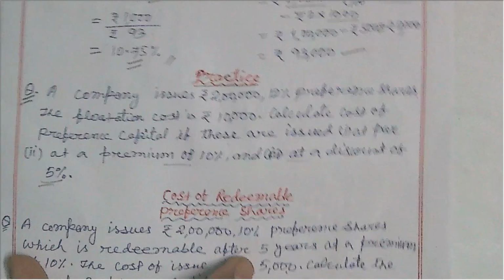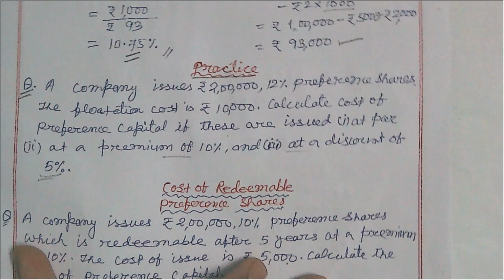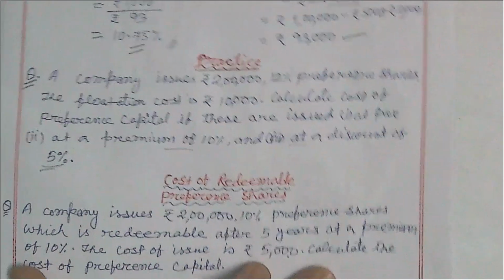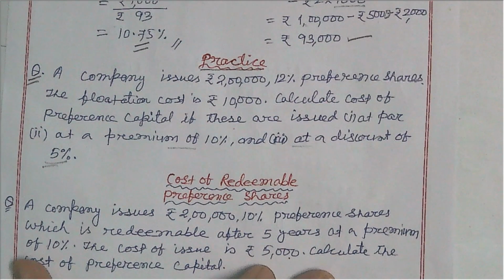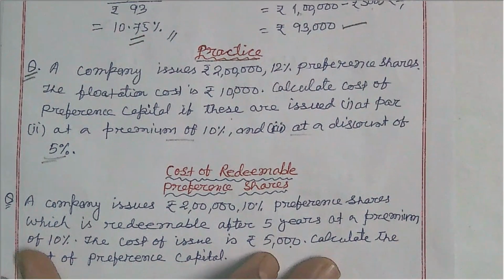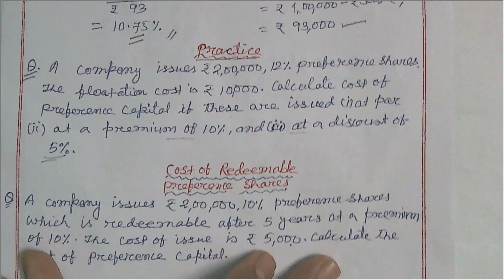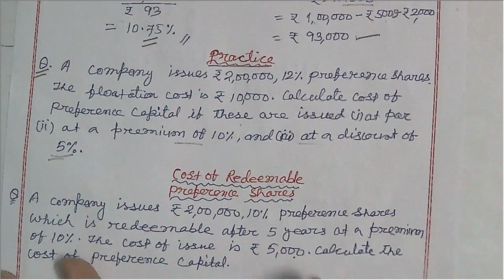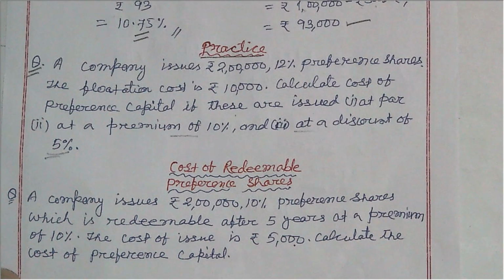Now, when the preference share is redeemable, the formula is explained here. To understand redeemable preference shares, if you have not seen the redeemable cost of debenture, see that too and you will understand this in a clearer way.